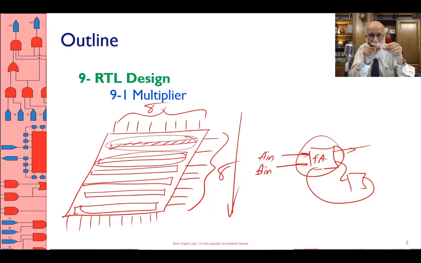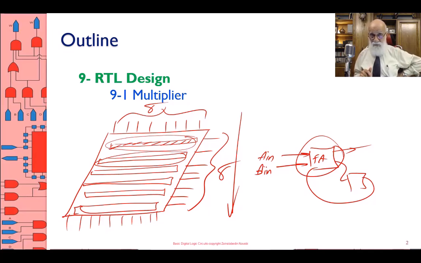One full adder to take one result and then take the carry for the next bit, and for the next bit. Alternatively, if A and B came in parallel, 8-bit data, then I had to have an 8-bit adder to do the same operation. So what I'm really doing is reusing the full adder over and over in 8 clock cycles. What I'm talking about here now is something similar to this.